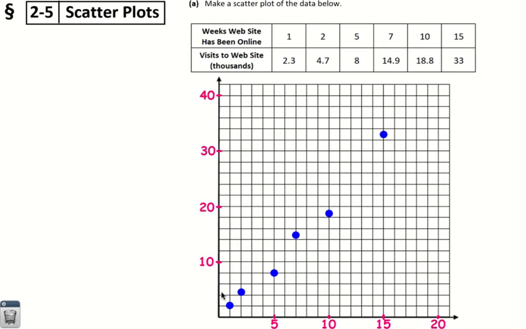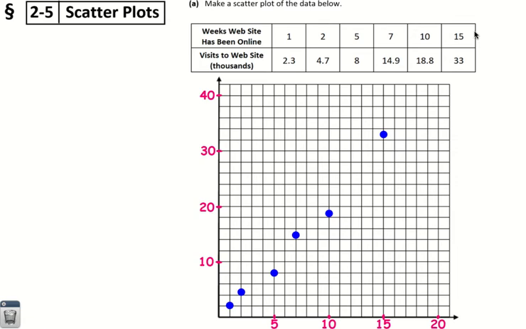So 2,000, 4,000, 6, 8,000, 10,000. And so plotting all of these would be 1, 2.3, and then 2, 4.7, all the way up to 15, 33.